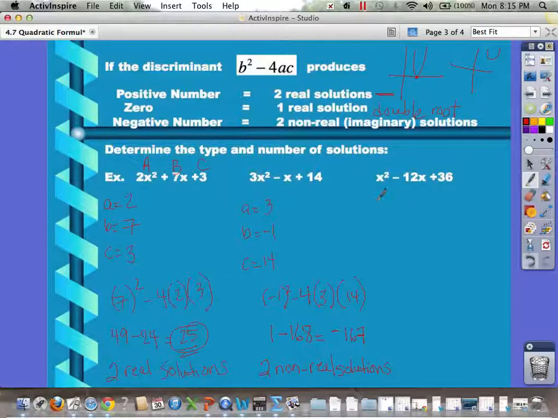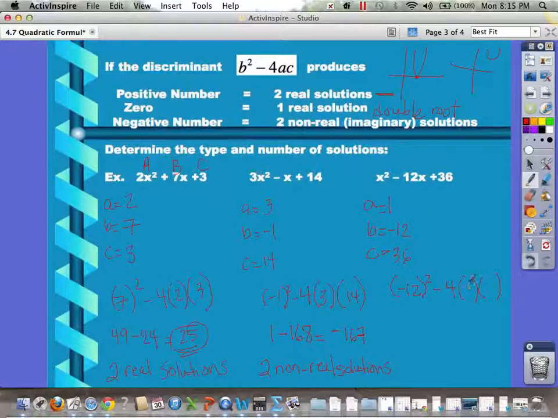This one is going to be A, B, C. A is 1, B is negative 12, C is 36. So plugging that in, it's going to be B squared, negative 12 squared minus 4 times AC.